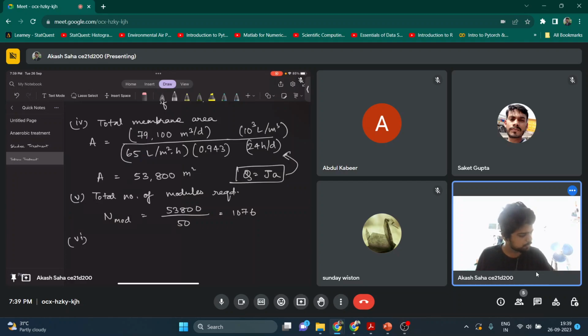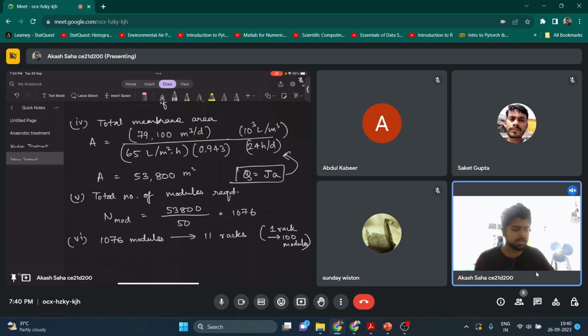So we have 1076 modules, and one rack can accommodate 100 modules. So we need around 11 racks, because one rack contains around 100 modules.